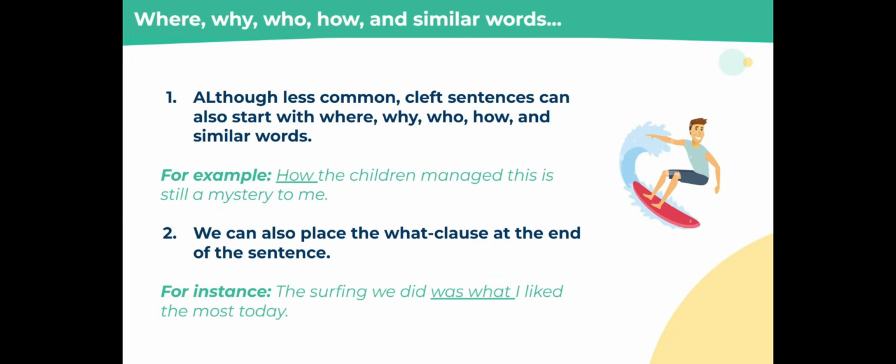These question words. For example, how the children manage this is still a mystery to me. So the structure for the WH cleft stays the same, but this time we're using a different word at the beginning instead of what.